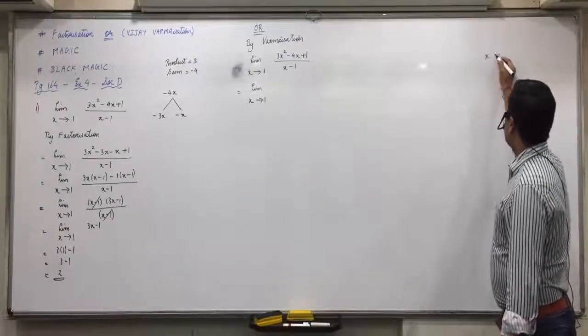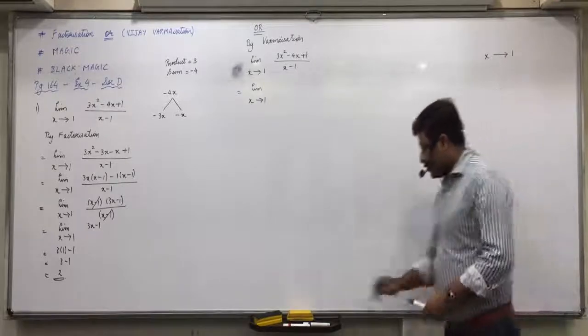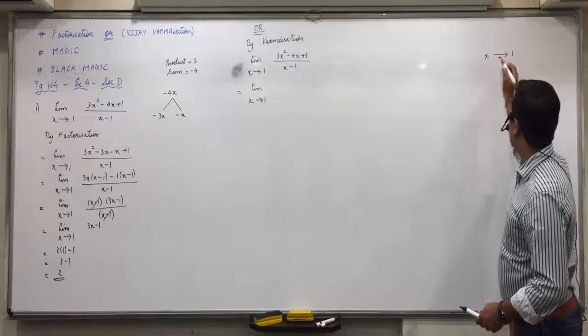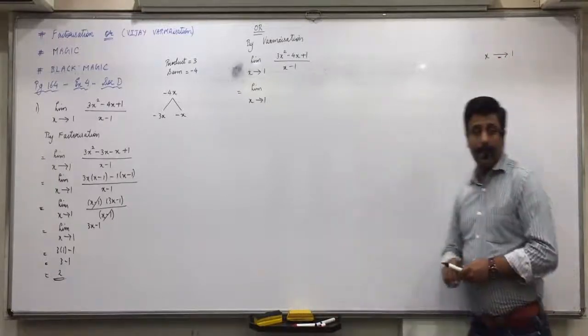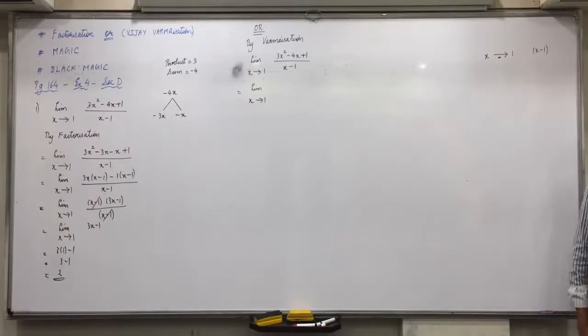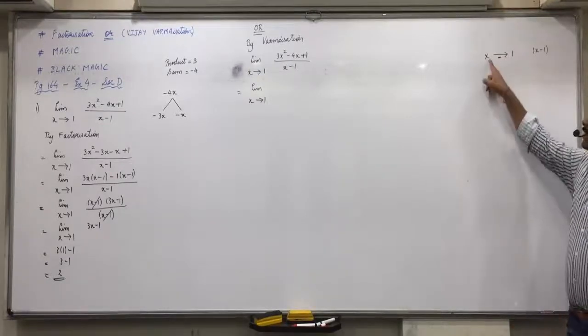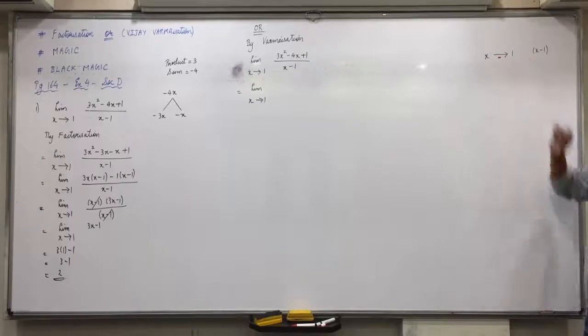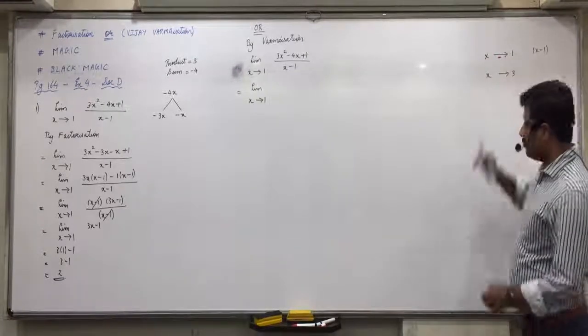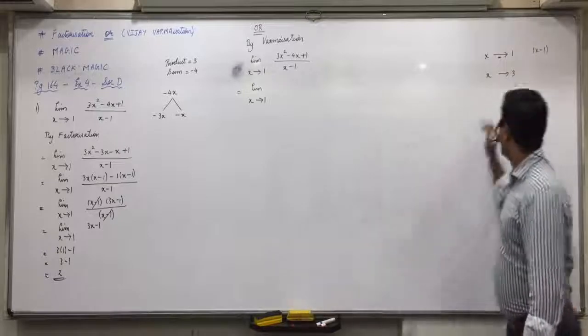If you are given x tends to 1, what you have to do is just in between put minus. One of the factors will be x minus 1. If they say x tends to 3, what will be one of the factors?